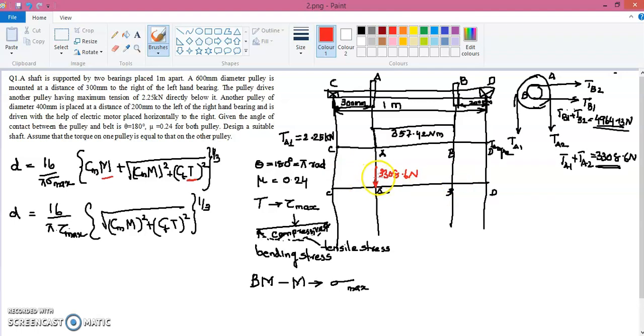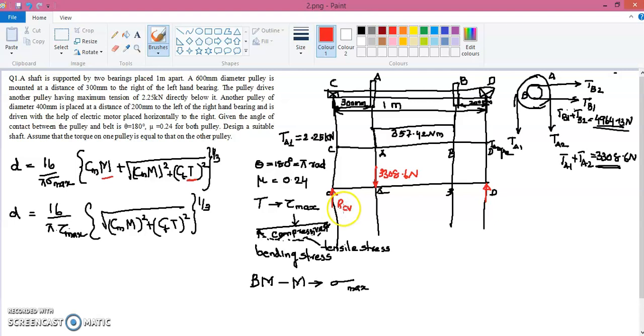So if a vertical force is acting at this point A, that means at the support there should be an upward reaction. So I can represent that upward reaction at these 2 points C and D, then only the shaft will be in equilibrium. And I can write this as the reaction CV.